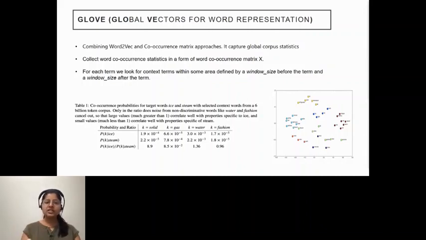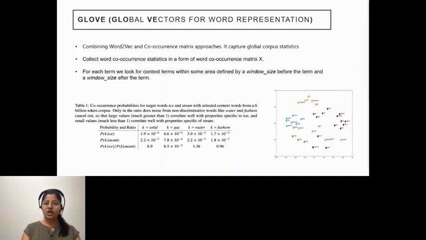This has been achieved by considering the example presented in the paper. When you are looking to predict a word k, k could be solid. Given ice, solid has a higher probability as compared to when you are predicting the word gas given ice, because ice represents the solid form as compared to steam, which is the gas form of water.